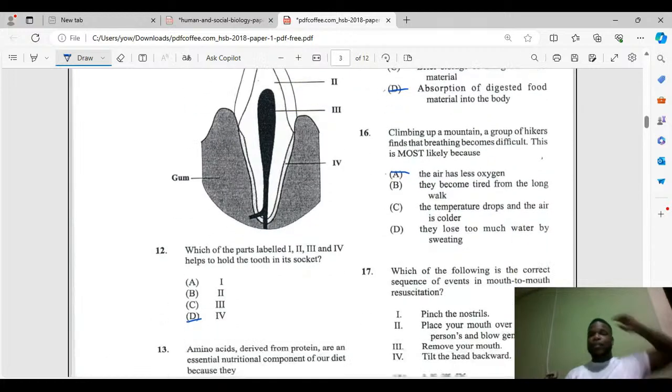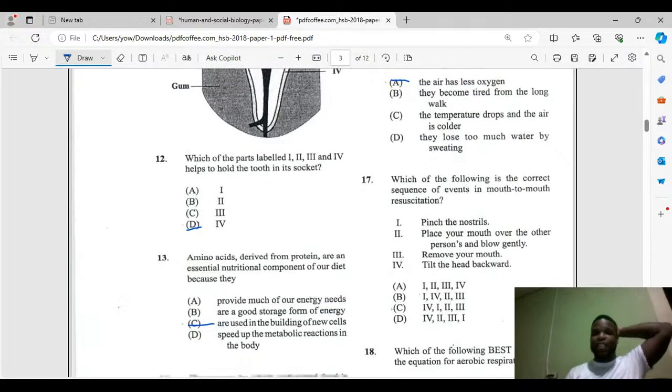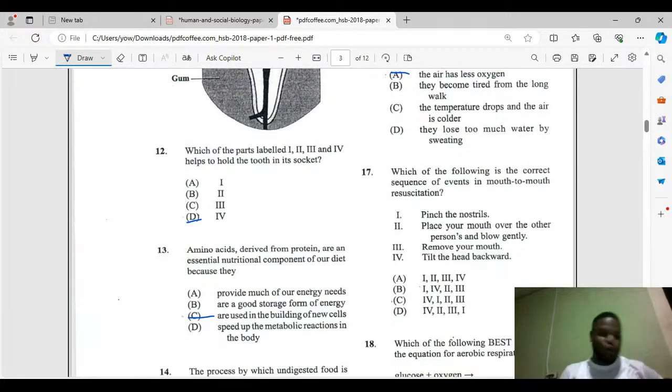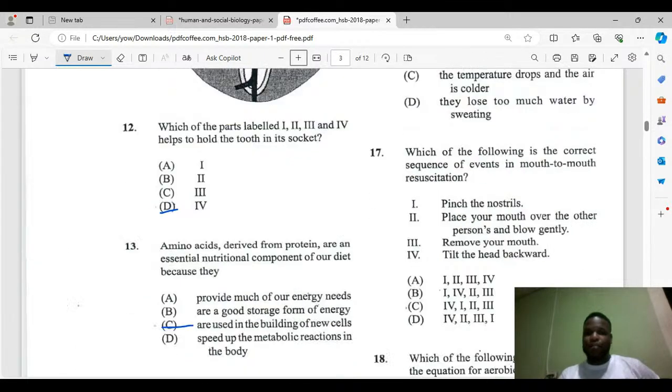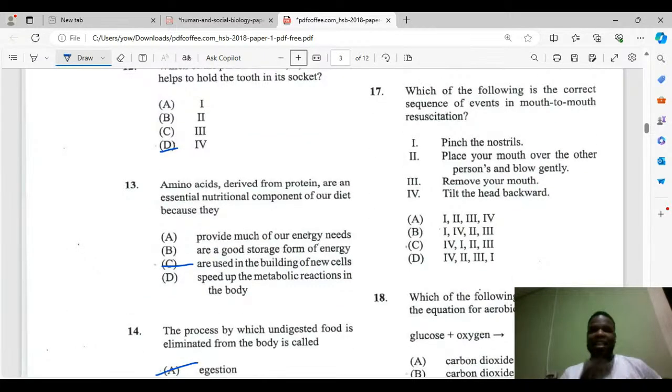17. Which of the following is the correct sequence of events of mouth-to-mouth resuscitation? And we see it again, guys, coming back to us again. So it says, let's go up a little so you guys can see. It says, tilt the head backwards.